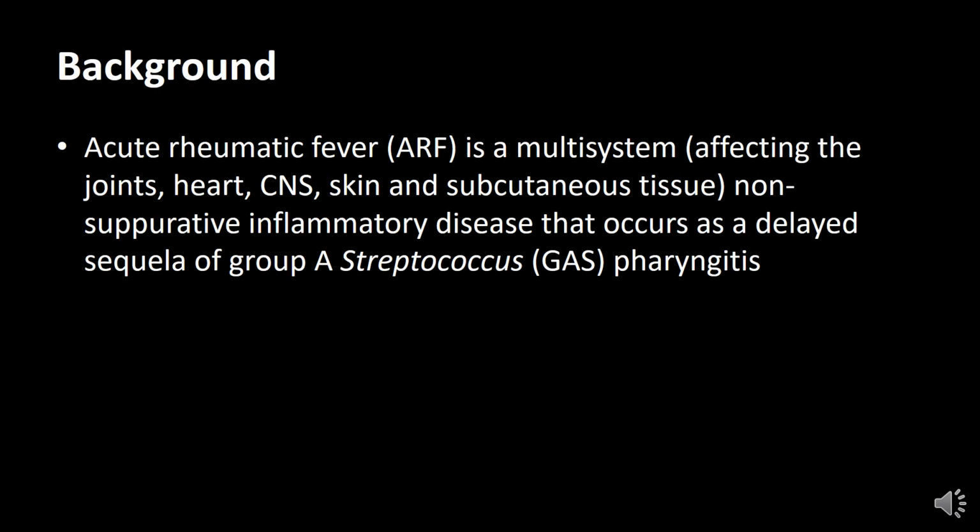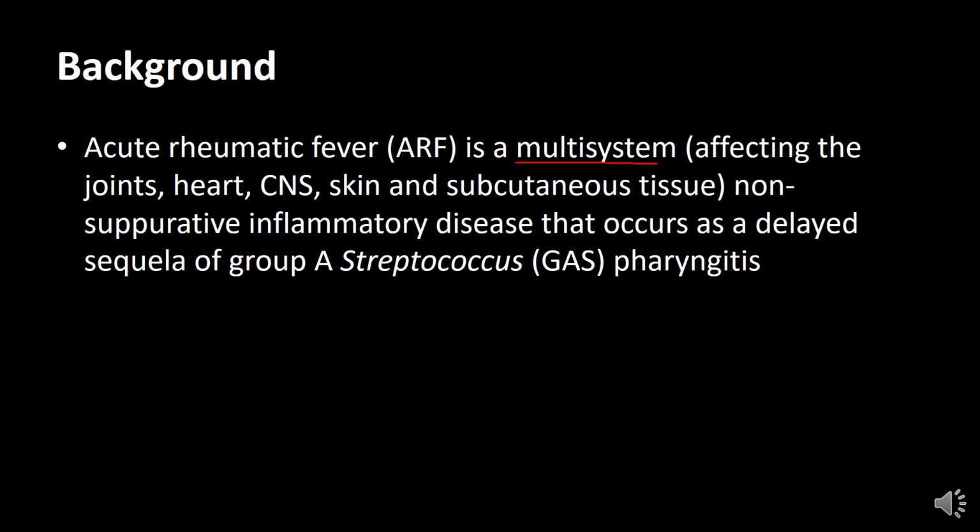Just a little background into acute rheumatic fever. Somebody may ask you, what is acute rheumatic fever? In general terms, acute rheumatic fever can be defined as a multisystem inflammatory disease, which is non-suppurative in nature.